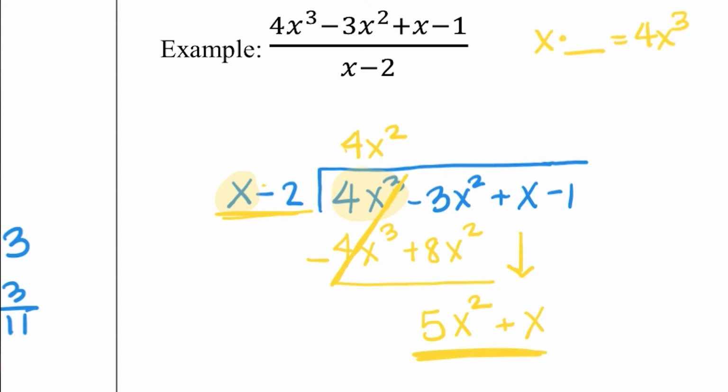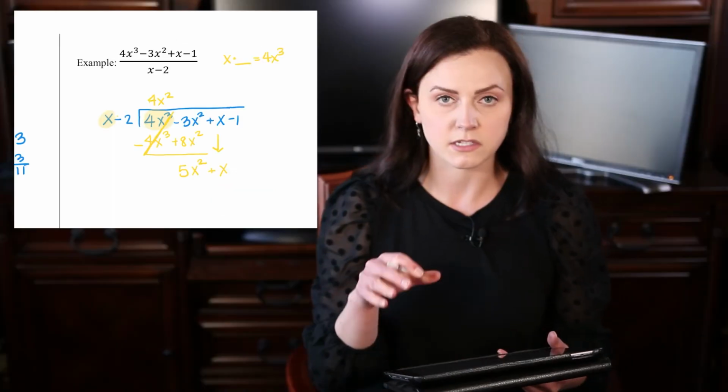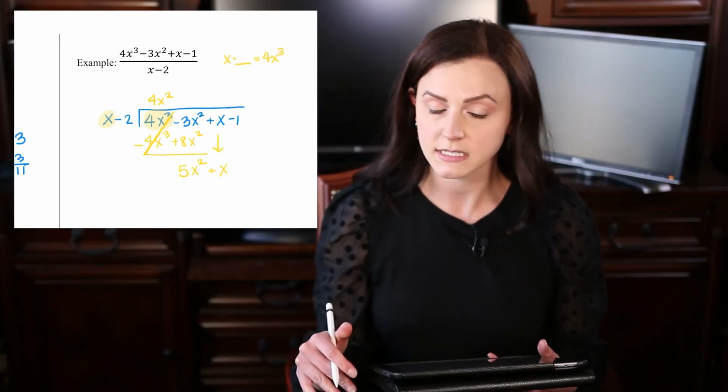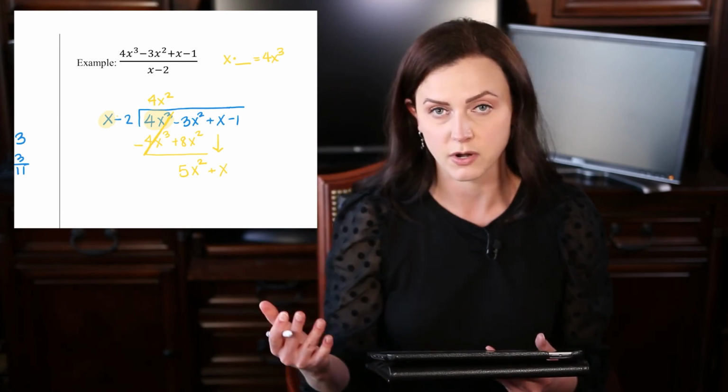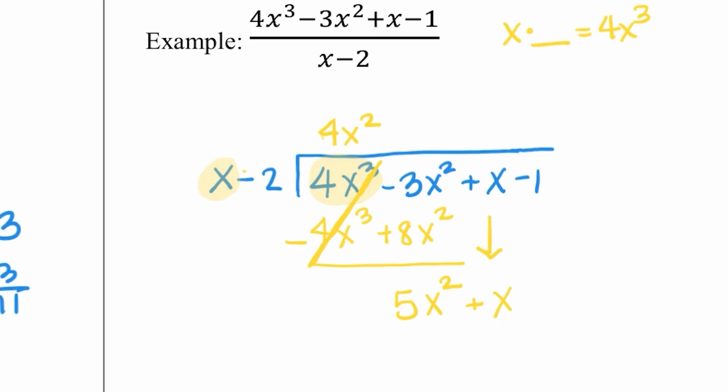Now if you understand everything we've done up to this point, you can do it. Because from this point, you're just repeating the same process again until you have no numbers left to bring down. So now we're focusing on x again, and what we multiply x by to get 5x squared. So x times what would give us 5x squared? Well, we would need a 5, and we'd need an x, right?